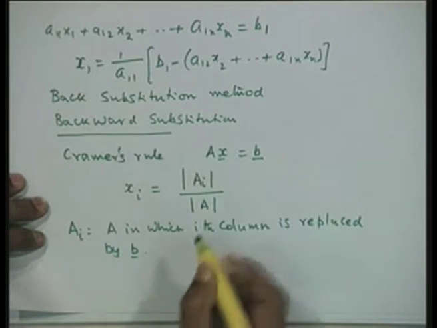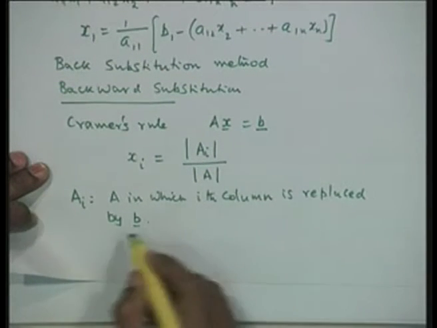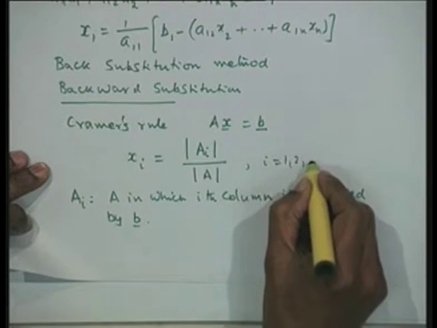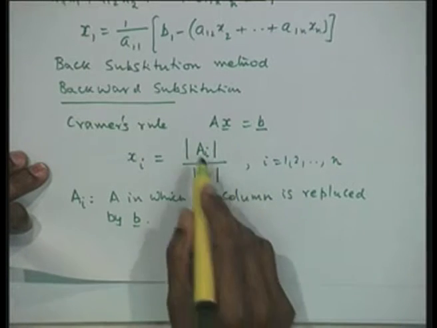We are denoting the matrix Ai as A in which the ith column is replaced by b, and I can now find the values of all the variables x1, x2, up to xn by just evaluating these determinants.